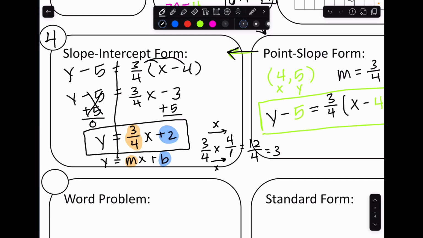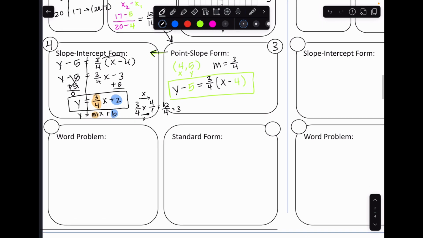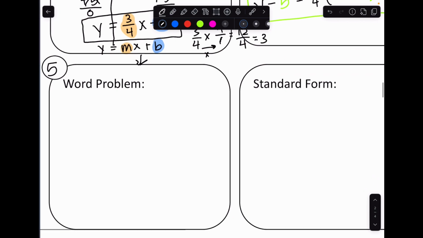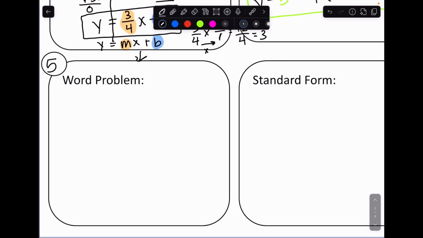Okay, from our slope-intercept form, it's really easy to write our word problem. So we have to come up with something that has a start of 2, right? And then we have to incorporate our slope. So our word problem for this could be, we have a zoo, okay?